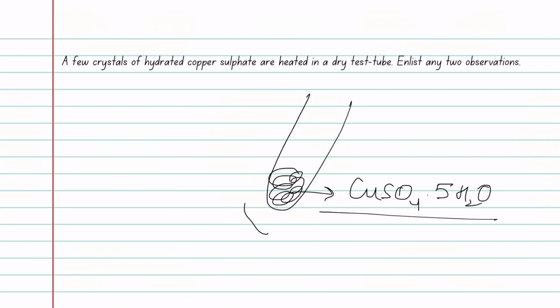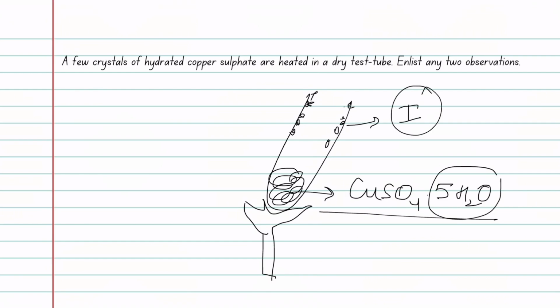Now when you heat it, first of all, the water of crystallization will escape. So you will have water droplets condensing on the sides of the test tube. That would be your observation number 1: condensation of water vapor into droplets on the sides of the test tube.